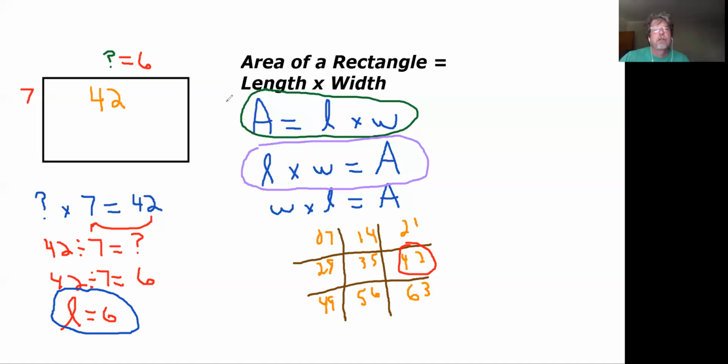Okay. So let's look at another example. Suppose I said the area of a rectangle, we'll make a little blue rectangle.